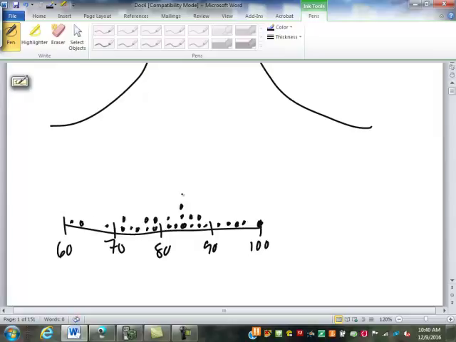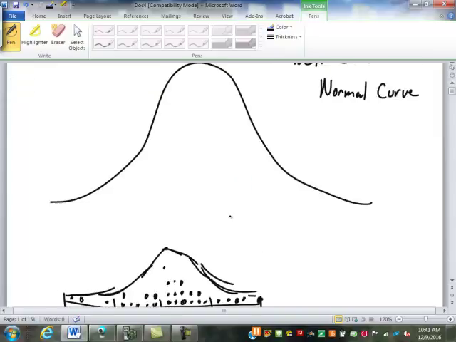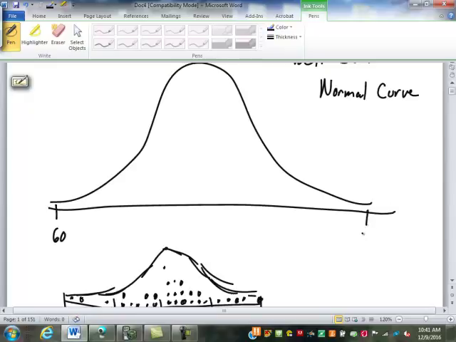And as I plot those scores, what happens is it kind of makes a shape. And if I keep plotting those points, if I draw a curve through the top point on each column, I should get something really close to that bell curve. So what this normal curve is saying is there's a number line down here. Let's just say it's 60 to 100 again.